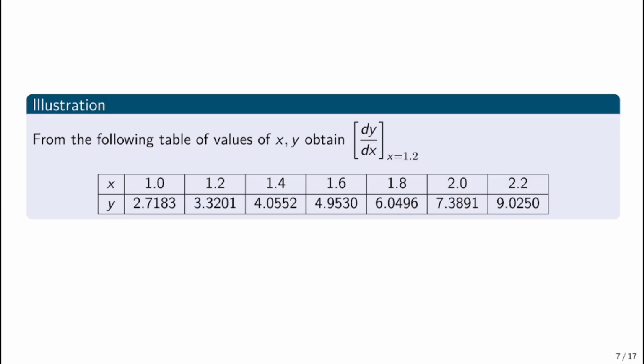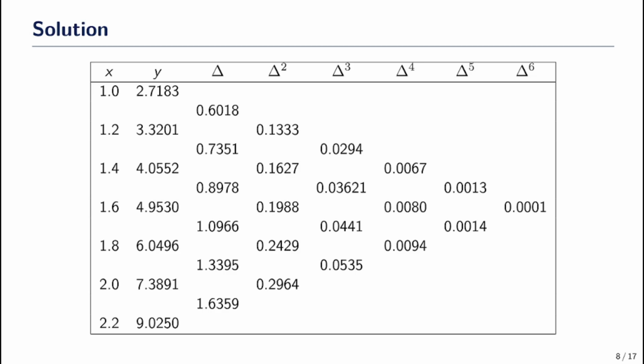We want to evaluate dy by dx at 1.2 from the given table. Similar to Newton's forward or backward interpolation formula, we can construct the forward difference table of this given data. This will be the forward difference table.